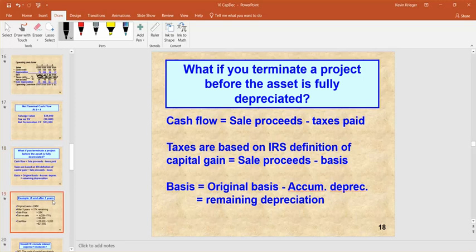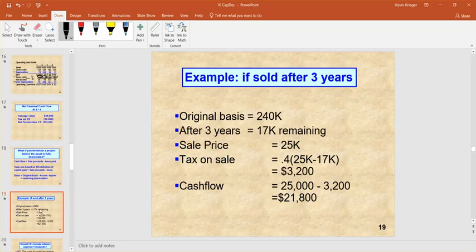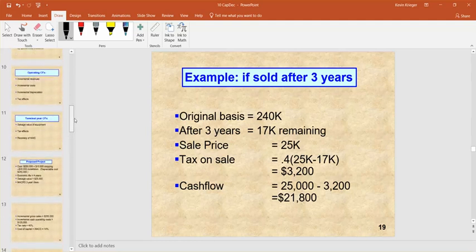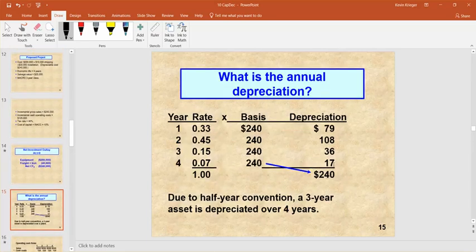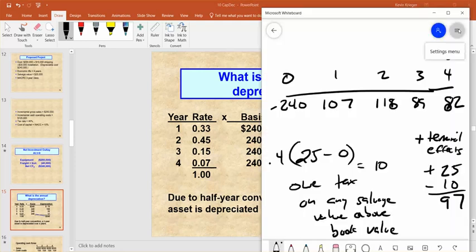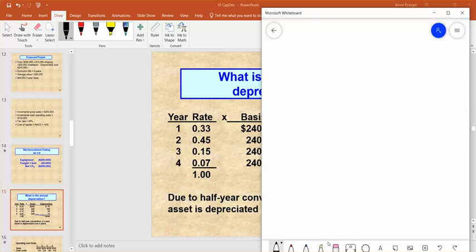What if you sold it after 3 years instead of 4? Well, you wouldn't even have a year 4 cash flow, so that whole final column would go away. But if we're just talking about the salvage portion here for a minute, on your books after 3 years, this thing still had $17,000 of value. So if you sell it for 25, and it's on your books for 17, you haven't gotten to take any depreciation credit for that 17 yet.